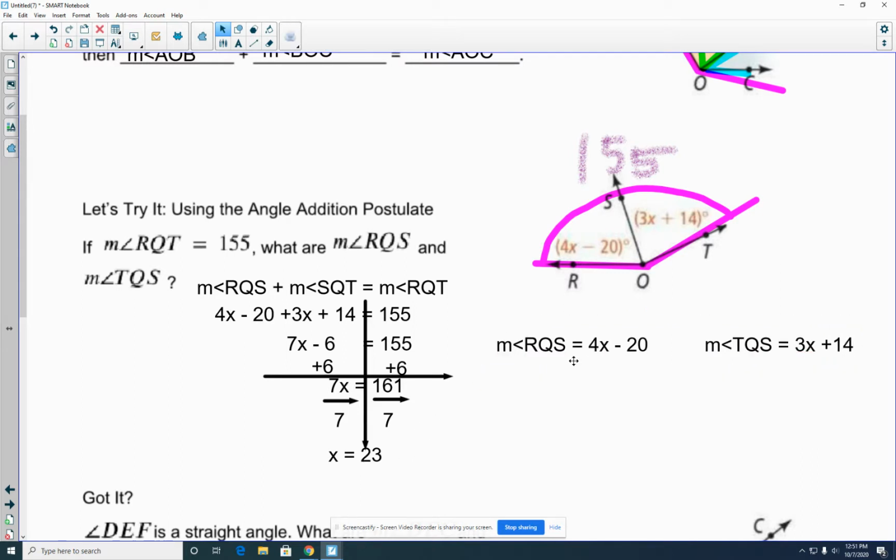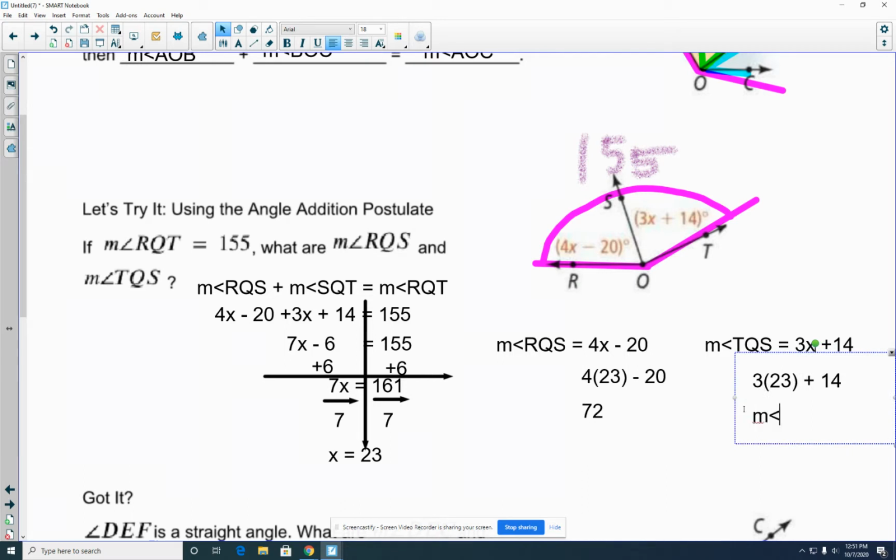So here we have 4 times 23 minus 20. So we have 92 minus 20, which is 72. And over here we have 3 times 23 plus 14, which is 69 plus 14, is 83.